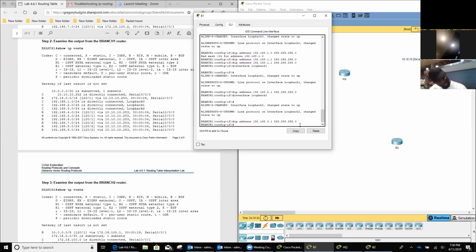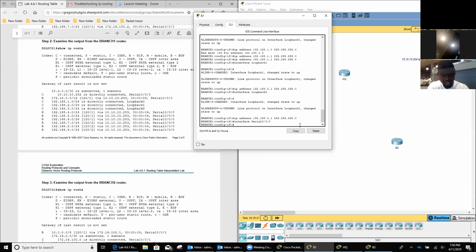All right, and then we have 1 interface. Let's do the serial interface 0/0/0. The address will be, is it 10.10.10.252? 10.10.10.253. Yep, 253. How did you get that?